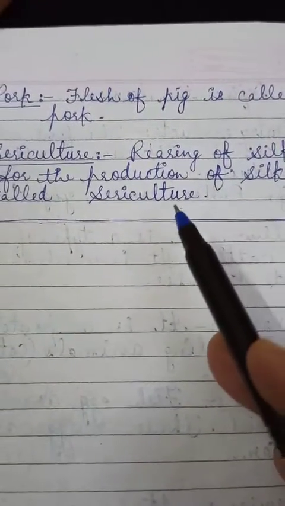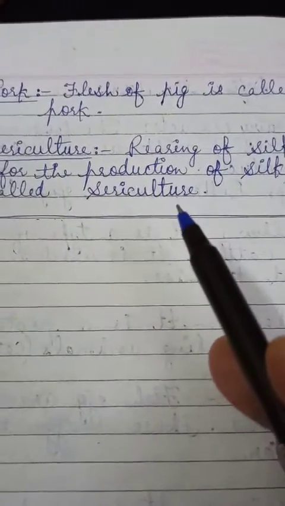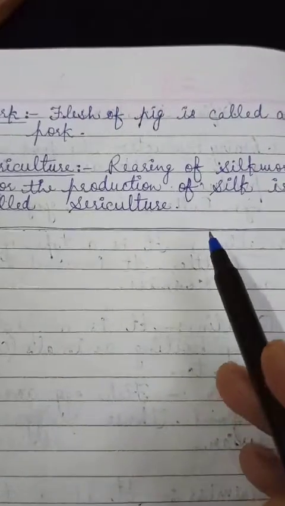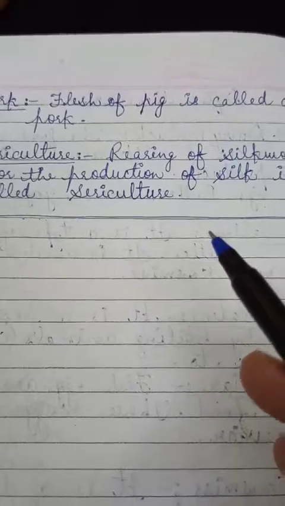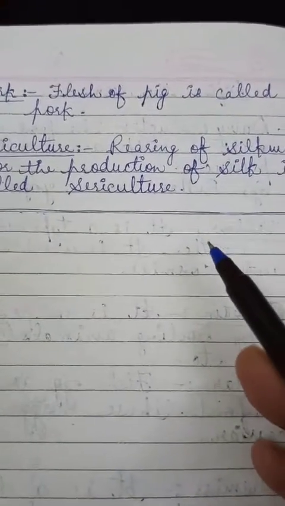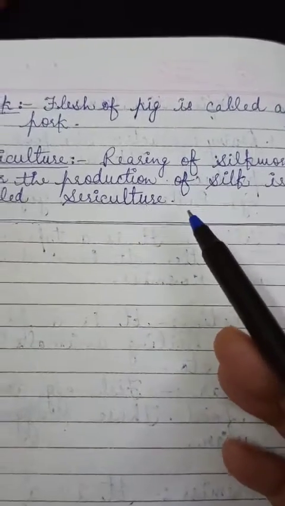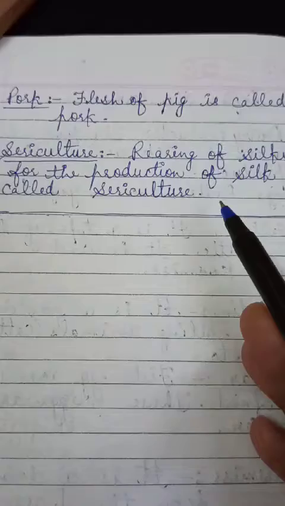Okay, these are a kind of tree called mulberry, and on these trees they grow the variety of silkworms, and when they collect a large number of cocoons from them, then they get silk after boiling the cocoons.